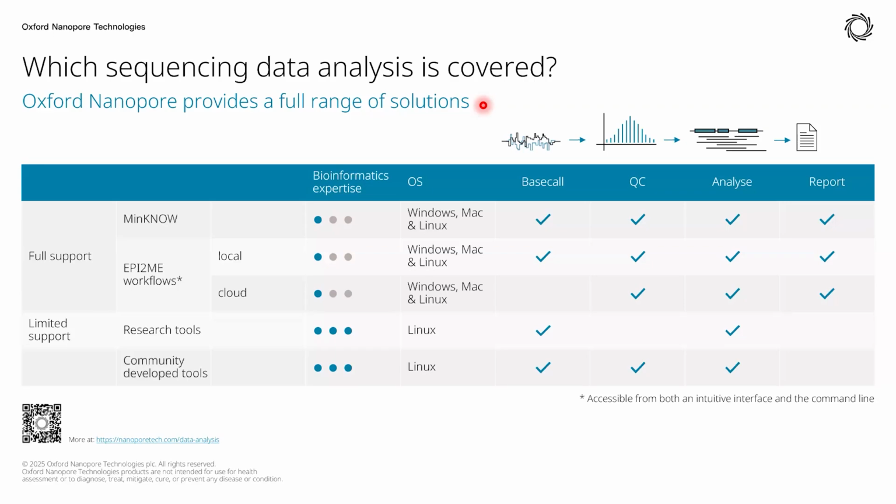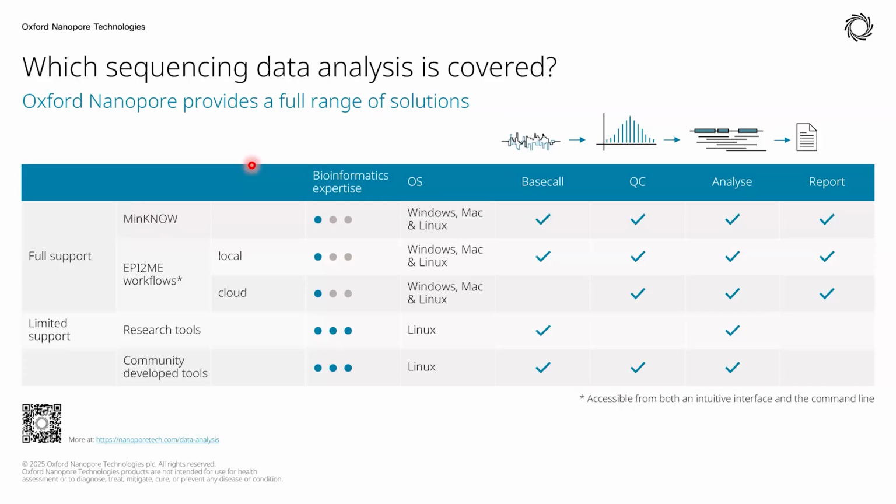In order to understand the analysis part, I think the most important thing is that we should know that the software that controls the sequencing device is called MinKNOW, which is here.